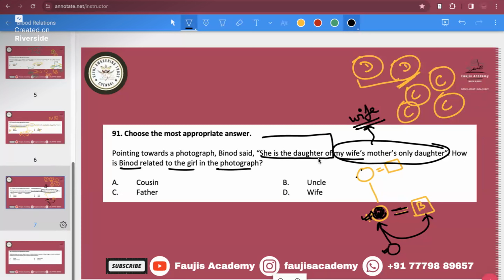And she is the daughter. So that means my wife's daughter. That means we will reach here one generation down. So her wife's daughter is what? His daughter also. So how is Binod related to the girl in the photograph? Your answer will be father and not wife.